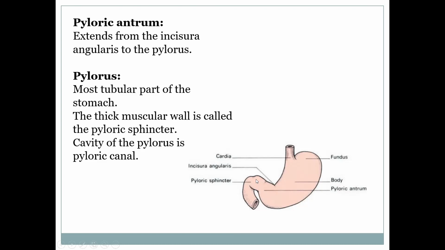It is the sphincter which lies between the stomach and the duodenum, and it controls the release of food from the stomach to the duodenum, and also prevents reflux, or the backflow of food, from the duodenum to the stomach again.